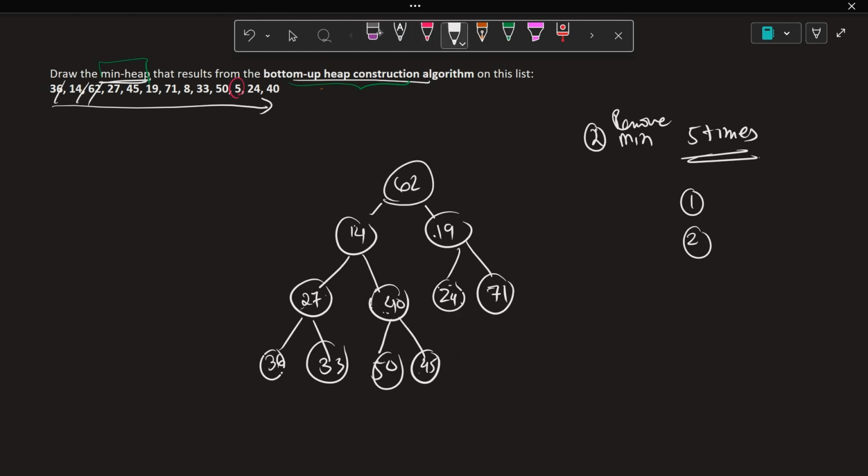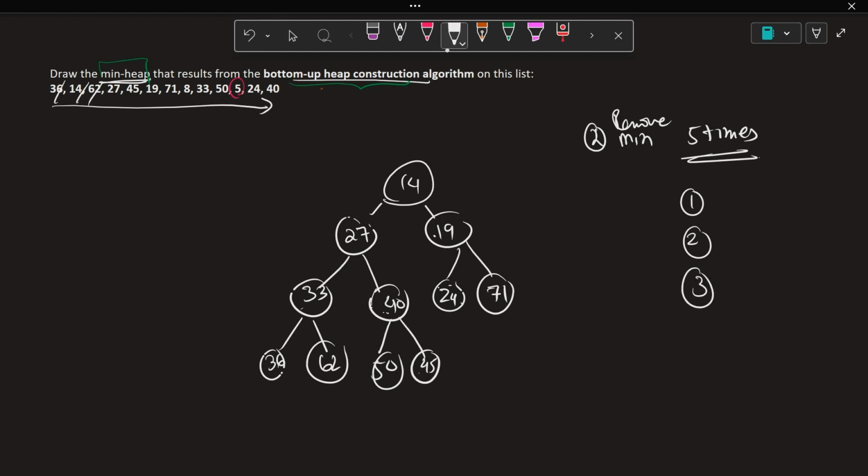Now you repeat the same process. 14 is smaller, so you put 14 over here, and 62 over here. Now which one is smaller? 27 is smaller, so you put it over here: 27 and 62. Now 33 is smaller, so you put it over here: 33, 62. You're good over here.